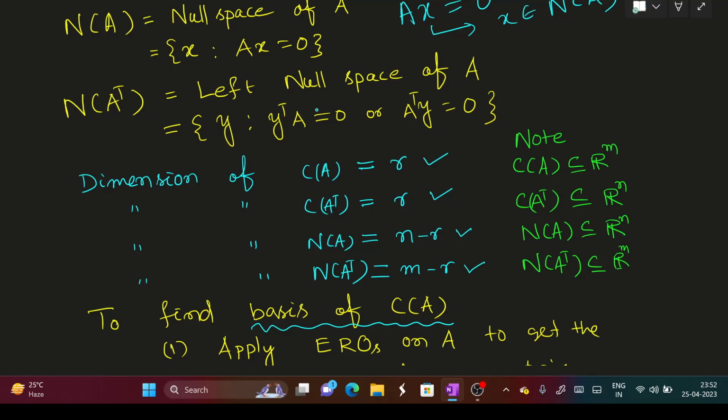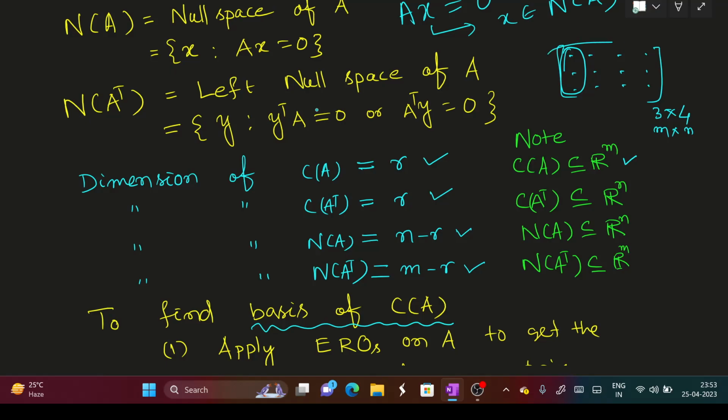Now one more observation. Suppose I have a matrix with 3 rows and 4 columns. So here m is equal to 3, n is equal to 4. So naturally each column vector is a subset of R to the power m.